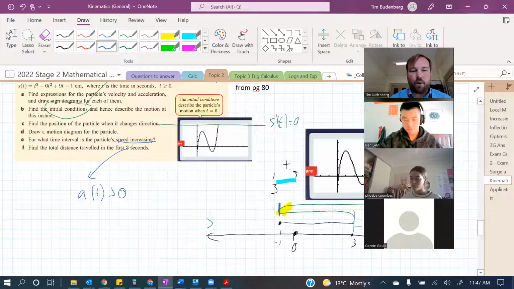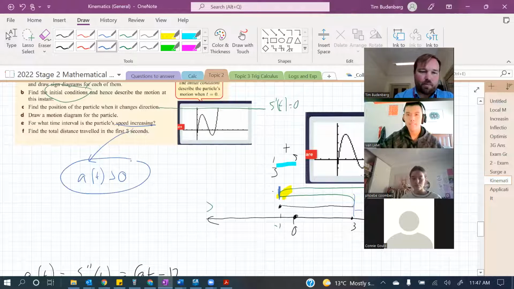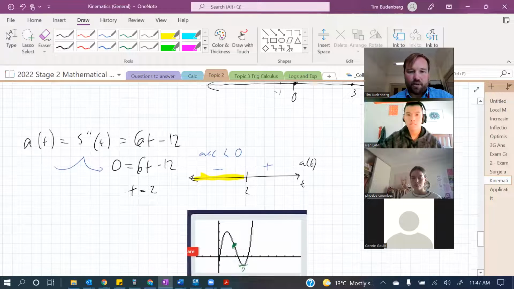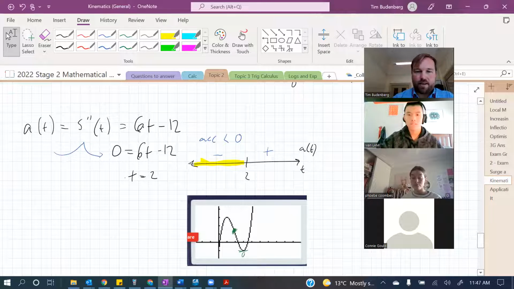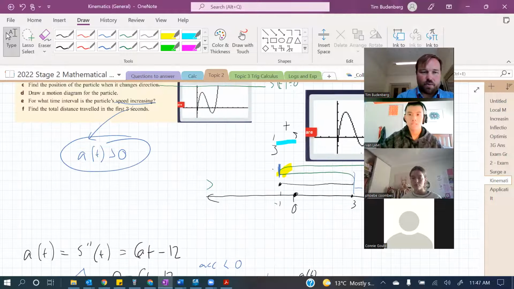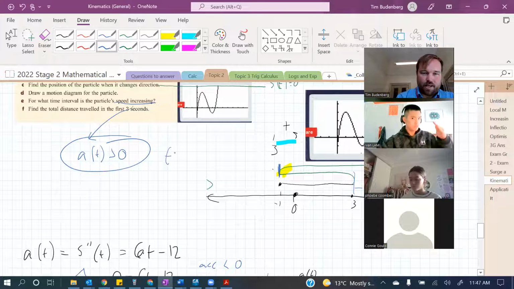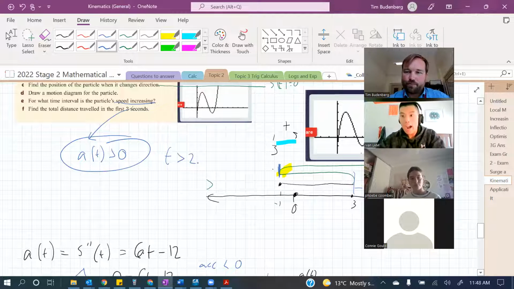So when a(t) is positive, speed is increasing. When a(t) is negative, speed is decreasing. If we're looking for when a(t) is positive, we can look at the sign diagram for a(t) and see that it is between 2 and infinity. So I would say the answer for this is when t is greater than 2.